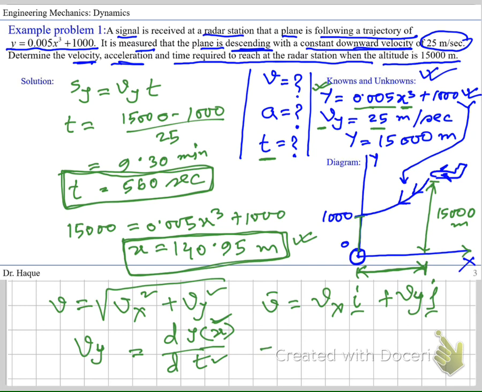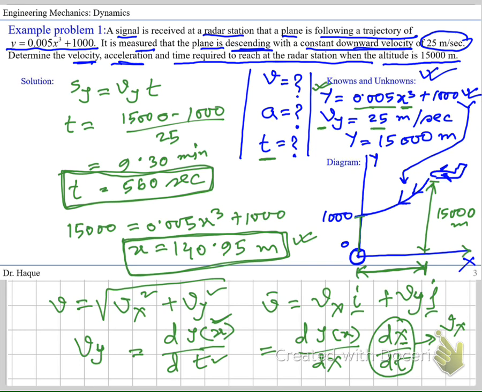So what we have to do is take the derivative of y, which is a function of x, with respect to x, and then multiply by dx over dt. Now this part dx over dt is actually the velocity component in the x direction, because it is x distance with respect to time, so that is vx.